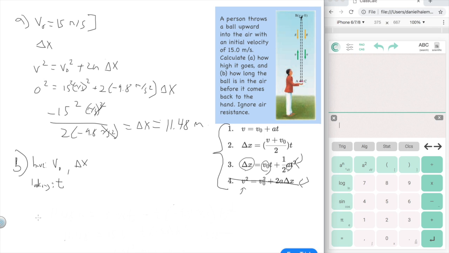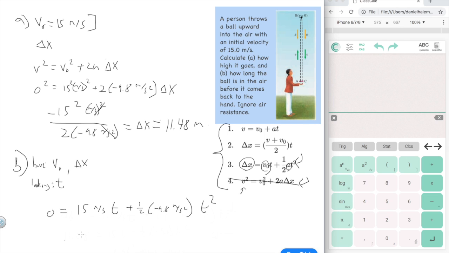And now we know our delta x is actually going to be 0 in this situation because A and C are at the same height. So we have 0 equals 15 meters per second times t plus half times negative 9.8 meters per second squared times t squared.